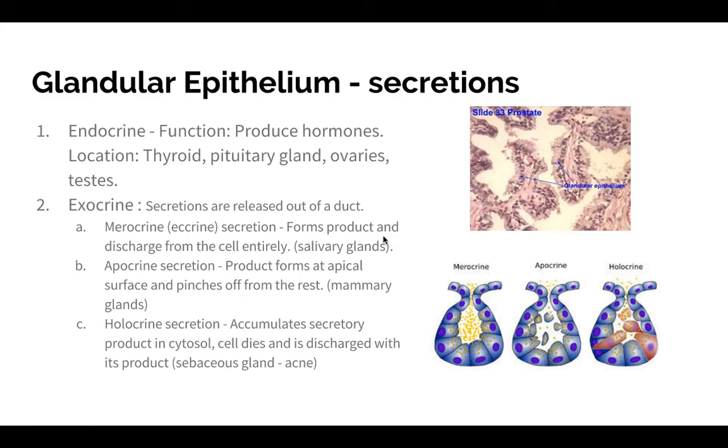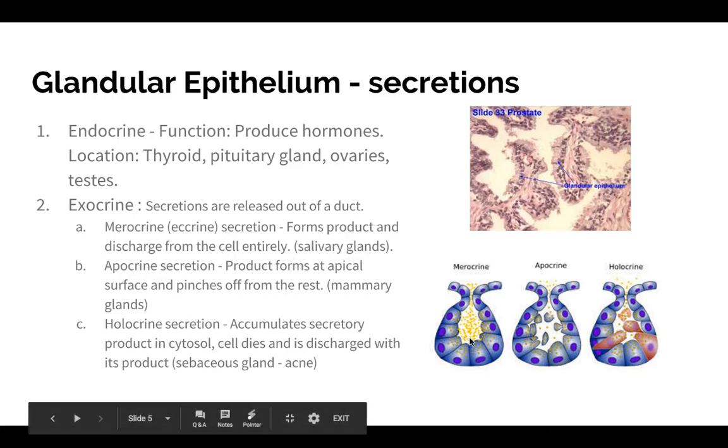It forms the product, and it discharges from the cell entirely, such as the salivary glands. Here you can see an illustration of what happens. The stuff that is produced by the cell, the saliva in this case, if we're talking about salivary glands, is produced by the cell, and then it's ejected out of the cell, and it goes out of this duct, out of the tissue.